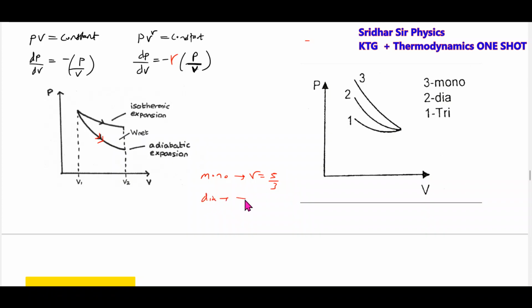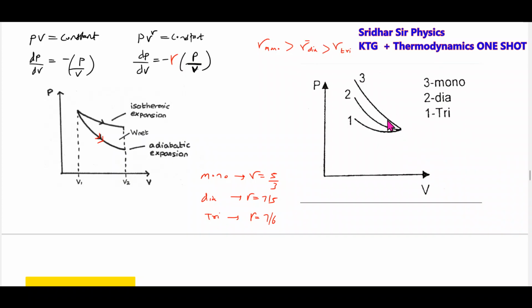Diatomic gas, triatomic gas, (7 by 6). So definitely gamma for monoatomic gas will be greater than that of triatomic gas.